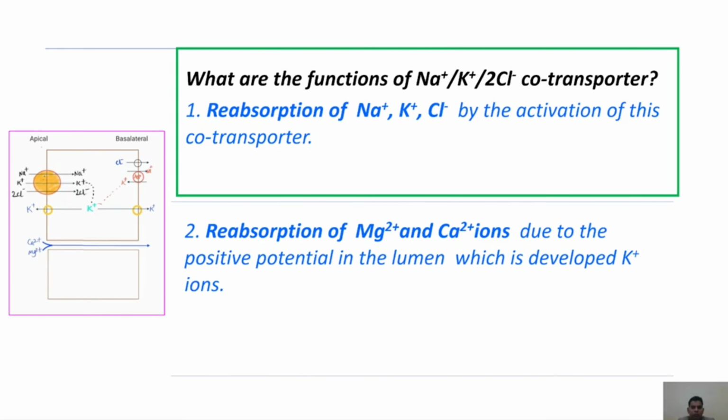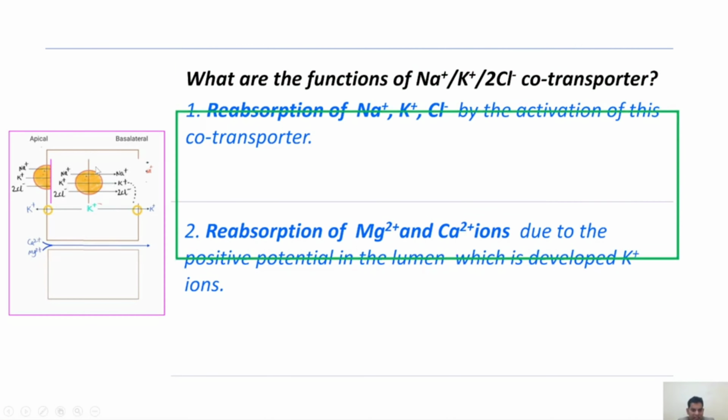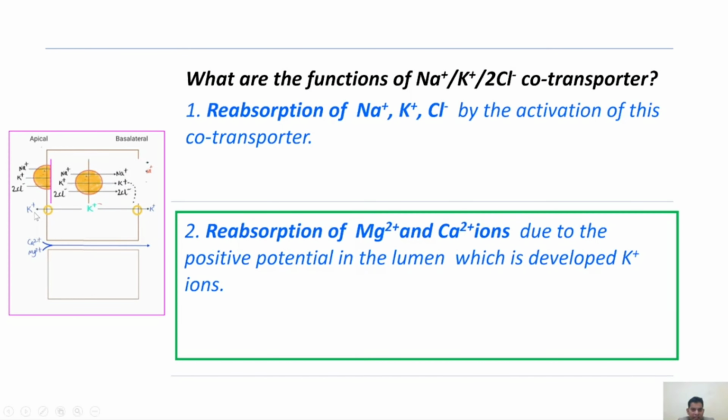Now, so far we have discussed the functions of the sodium potassium 2 chloride co-transporter. What is the first function? Activation of this channel causes reabsorption of sodium, potassium and 2 chloride ions. That is, activation of this co-transporter causes movement of these ions into the cell. Second one, the indirect function of the sodium potassium 2 chloride transporter.